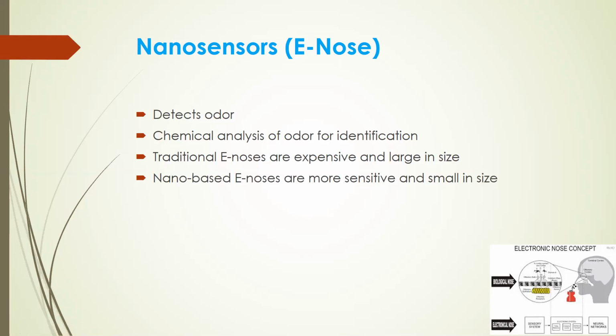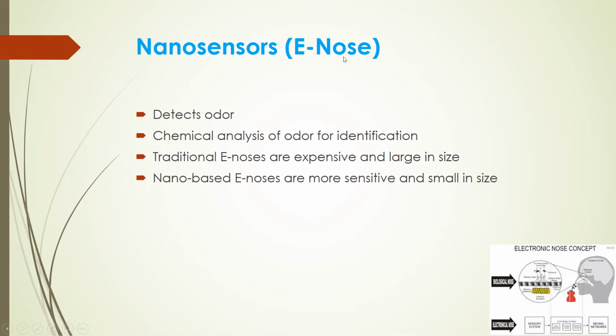The nose is an organ in human beings and animals, and its function is to smell something, to detect a change of odor. E-nose stands for electronic nose, right? This electronic nose is actually a nanosensor, and its function is similar to the function of the human nose.